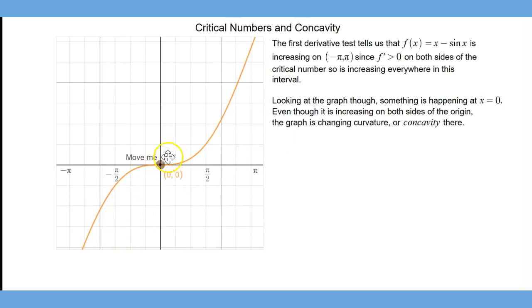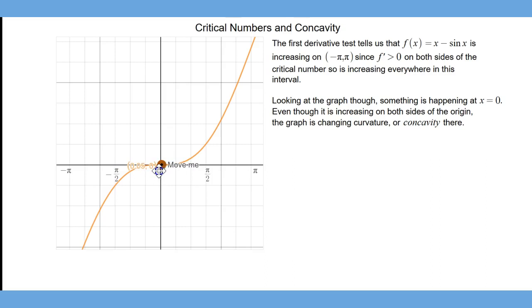But if you look at the graph of it, you can see that, again and again, these critical numbers that aren't maxes or mins are doing weird things with the graph. They're changing the concavity. The concavity is the curvature of the graph.